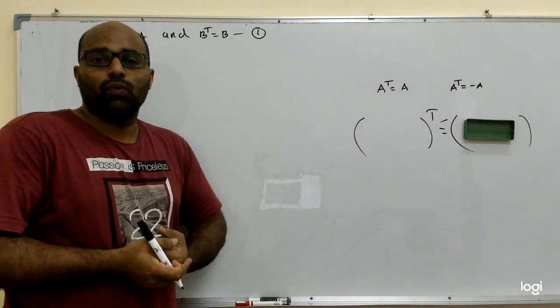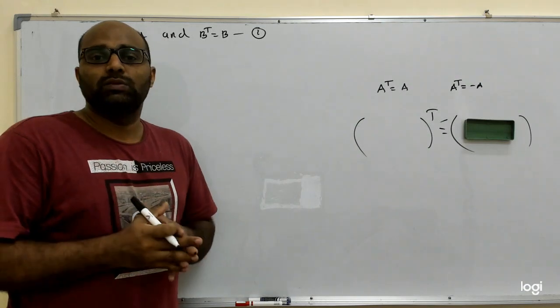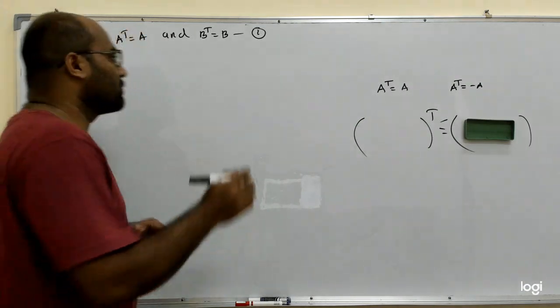What we want to prove? We want to prove AB minus BA is skew symmetric.